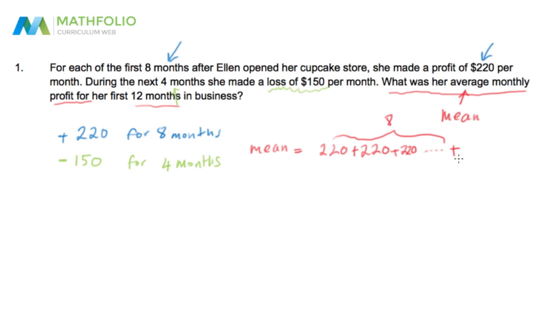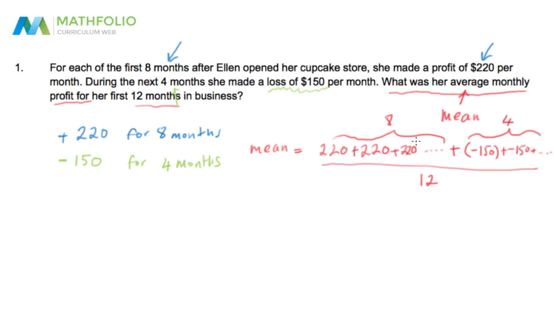And then we're going to start adding negative numbers. We're going to add negative 150 plus negative 150 plus negative 150, and we're going to do this 4 times because she did it for 4 months. And then after we've done all of this, we are going to divide by the number of months, which is 12.